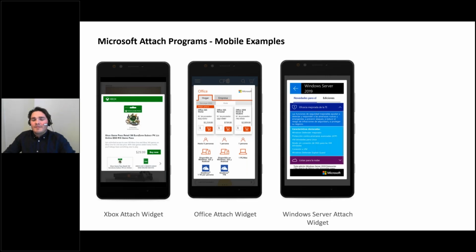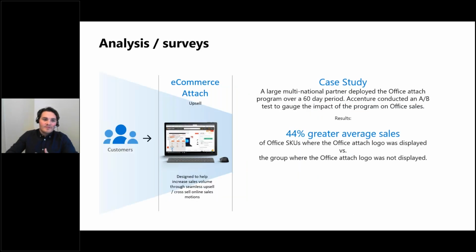And what does the Office widget really do for you? Well, what we've seen is that there's actually a huge upscale in sales when you implement the Office attached widget. Because, as I mentioned, 80% of customers are unaware that Office is included. And even more so, 30% of customers buy Office from a different channel than the one they bought their PC from.